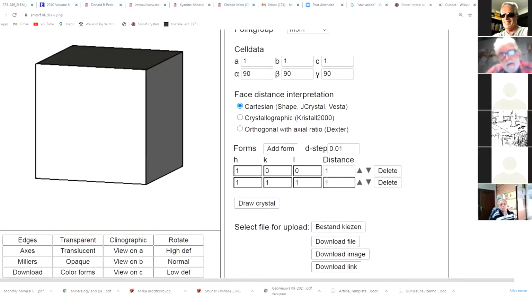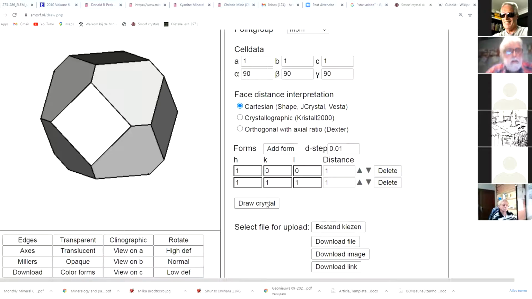So by saying that the distance is 1 from the center, both for the cubic form and for the octahedral form, we should get a combination of both forms that have the same dimension, more or less. And this is what we get. So we do get here the cubic faces, and here we got the octahedral faces.